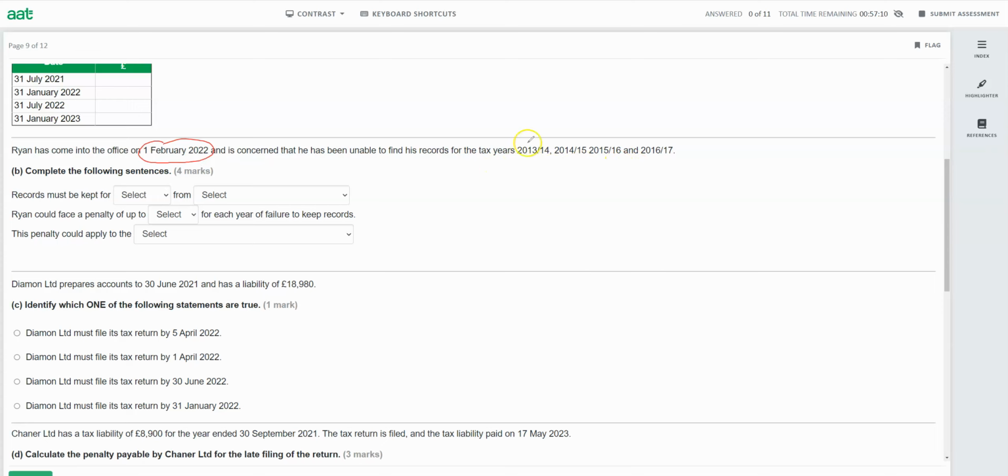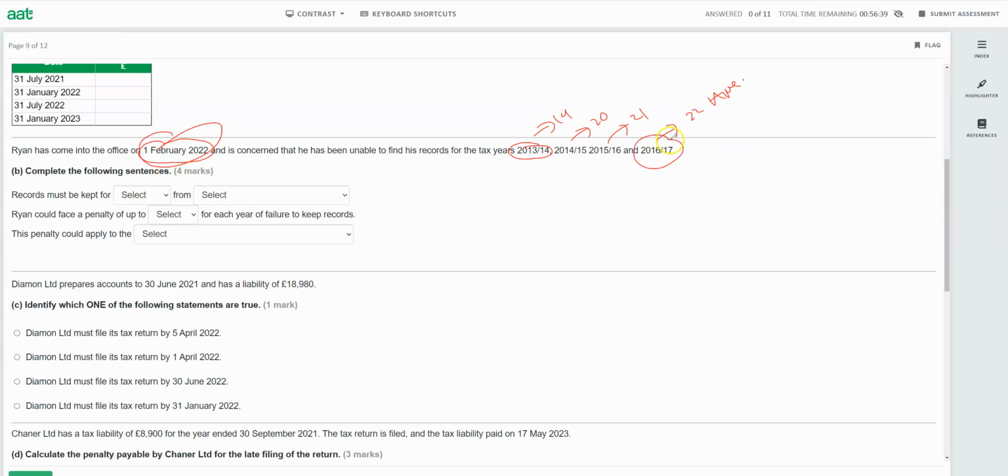So from 13-14, from 14th April, if I count 5 years, so 15, 16, 17, 18, 19. So if I keep up to 19, I'm fine. So up to 19, I'm fine. Here up to 2020, I'm fine. Here up to 2021, I'm fine. But only here I have to keep up to 2022 April, and he came to the office in February.